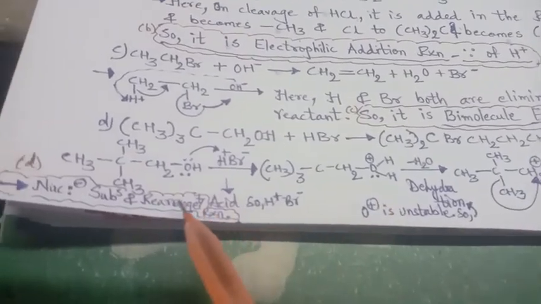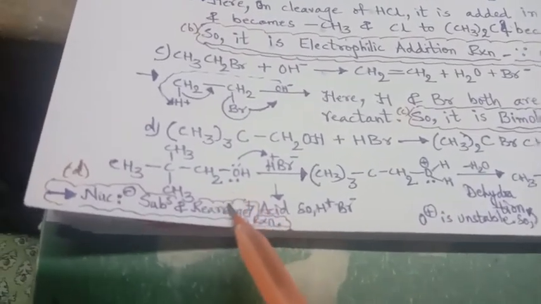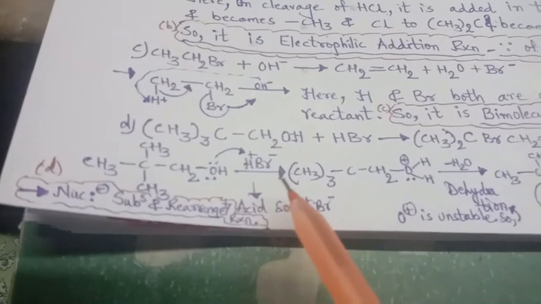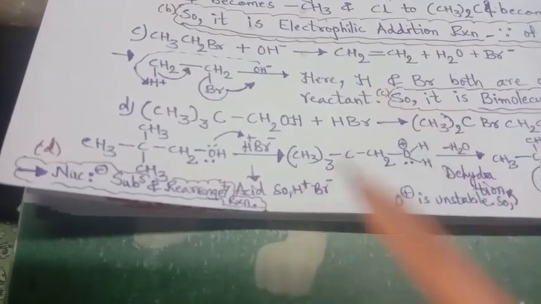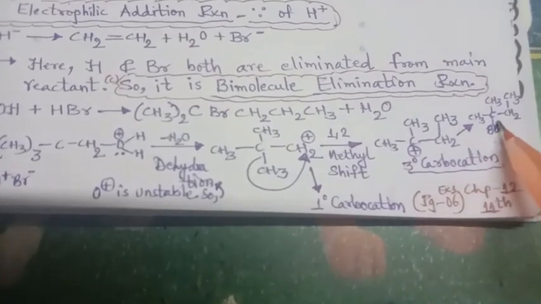So we can say it is a rearrangement reaction also. Also the nucleophile, that is the negative charge, shifts, and substitution takes place. This Br minus is substituted onto the next carbon over here. So it is a substitution as well as rearrangement reaction.